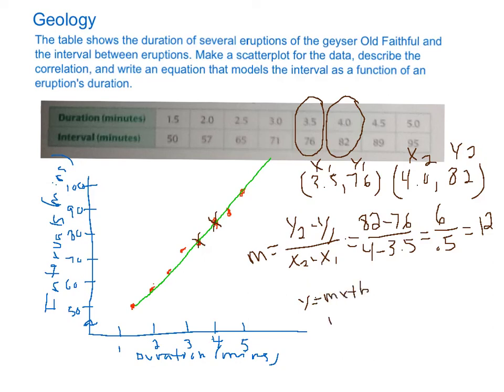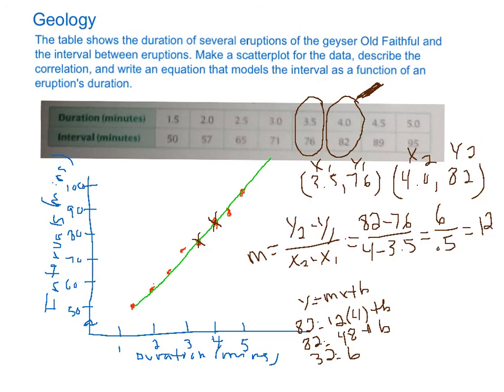I'm going to plug 12 in for the slope, and I'm going to use this point here, so I'm going to put 4 in for x and 82 in for y, and now I'm going to solve this for b. 12 times 4 is 48. And if we subtract 48 from both sides, we find out that b equals 34.